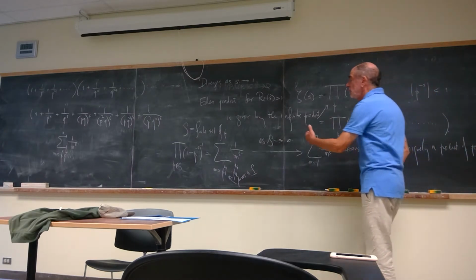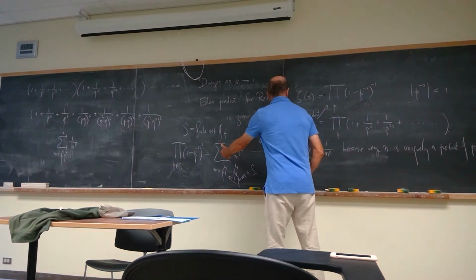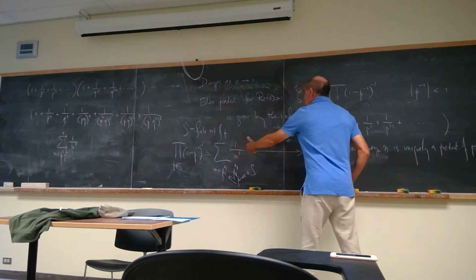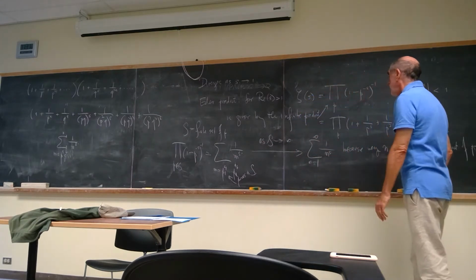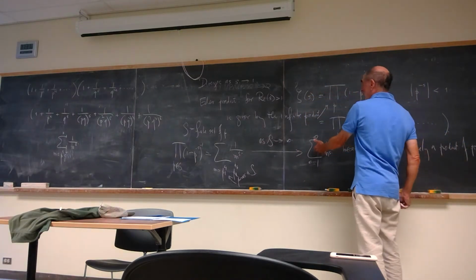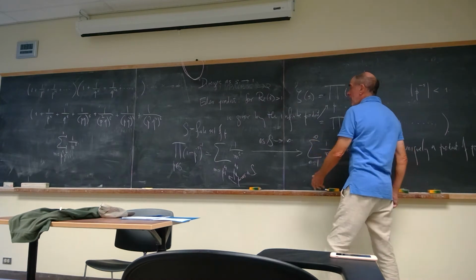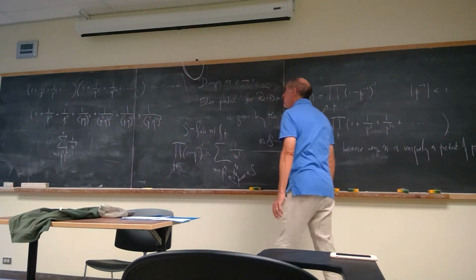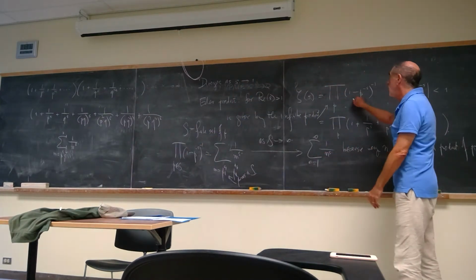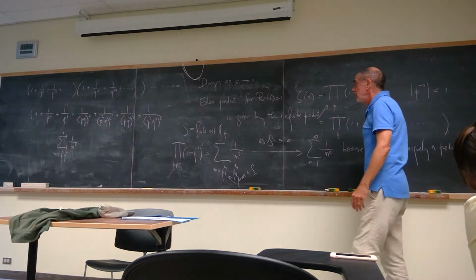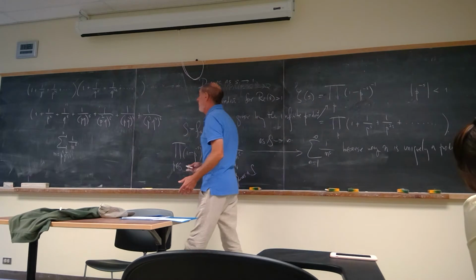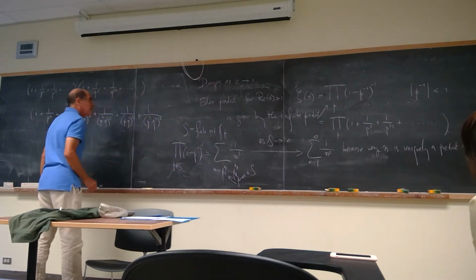And this series for s bigger than 1 is always less than this, so it's a monotone sequence that converges to this. And this converges to some fixed number, and consequently this product converges to that number. And that's the equality. So Euler's theorem is no more nor less than an analytic expression of the fact that every integer is uniquely the product of primes.